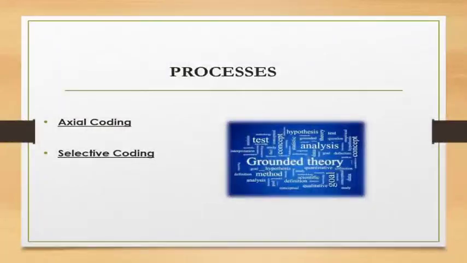Now, what is axial coding? Axial coding in grounded theory is the second step of coding that follows open coding. In contrast to open coding, where you break the data into discrete parts, with axial coding you begin to draw connections between codes. With axial coding, you organize the codes you develop in open coding.